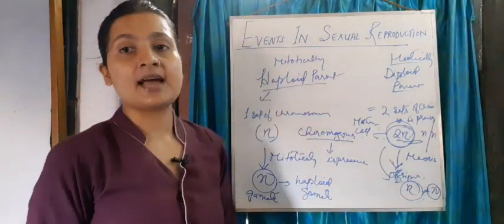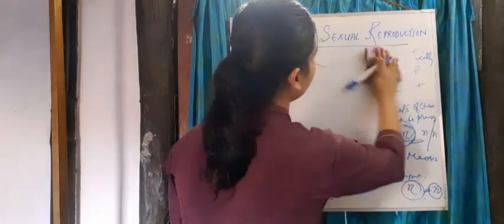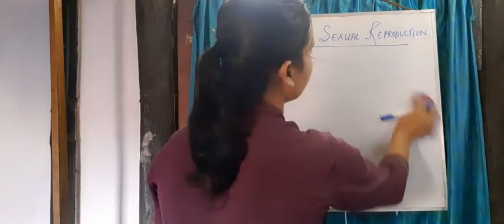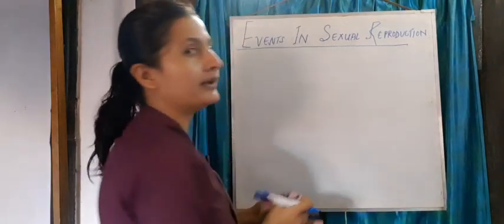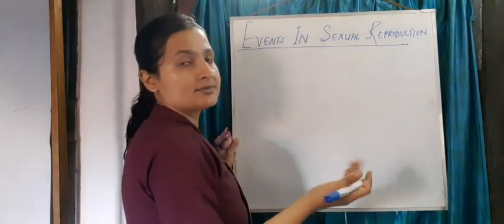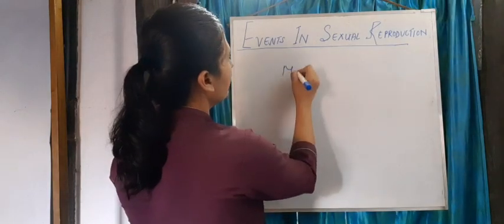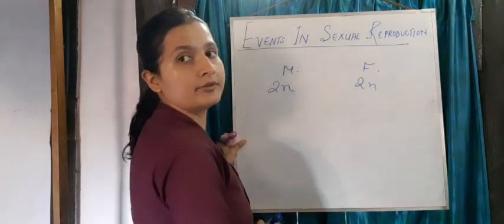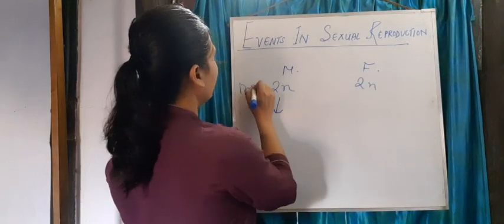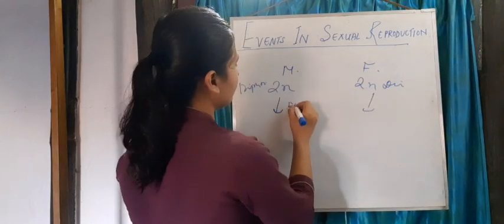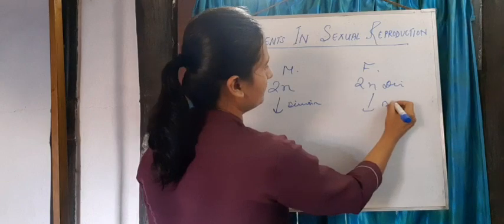Okay, let me give an example of a human being. I hope that this will make you clear about the diploid. In human beings, what happens? They are diploid, right? So in reproduction, sex cells participate. Now male and female have 2n, right? So they are diploid. Am I clear? Now when cell division takes place, division of cells takes place in both.